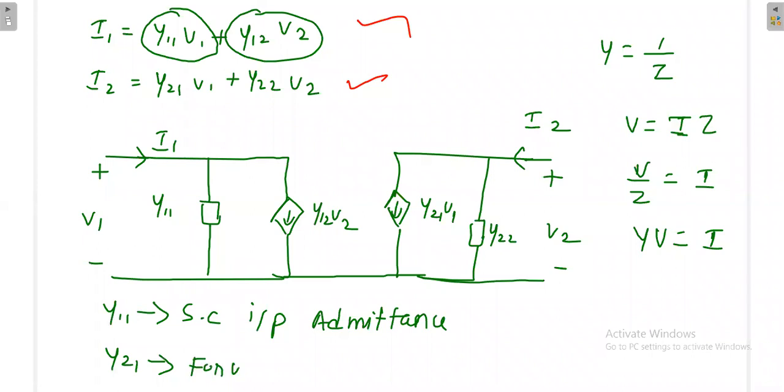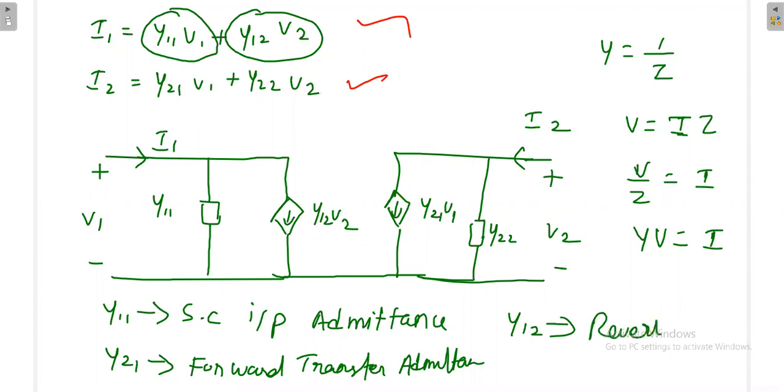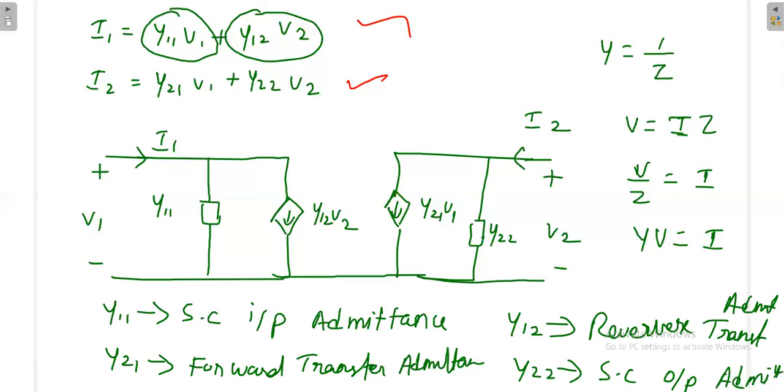And what is Y12? Y12 is equal to I1 by V2, that means reverse transfer admittance. And then finally, Y22 is equal to I2 by V2, that means short circuit output admittance. This is all about the Y parameter.